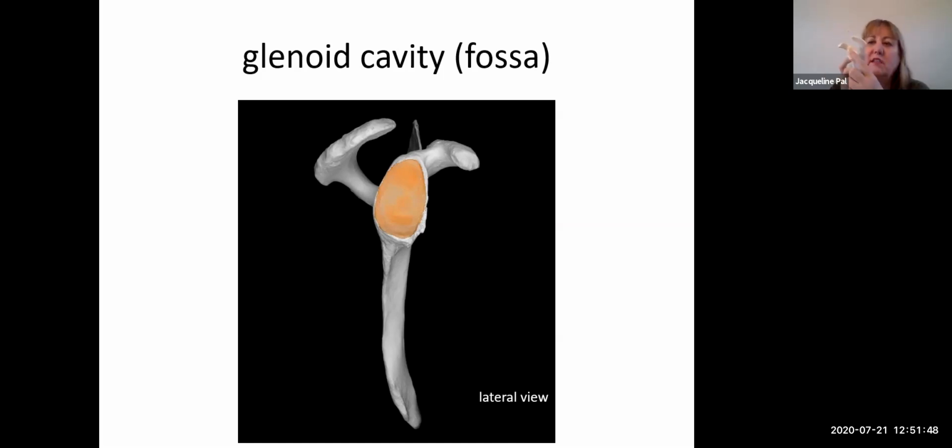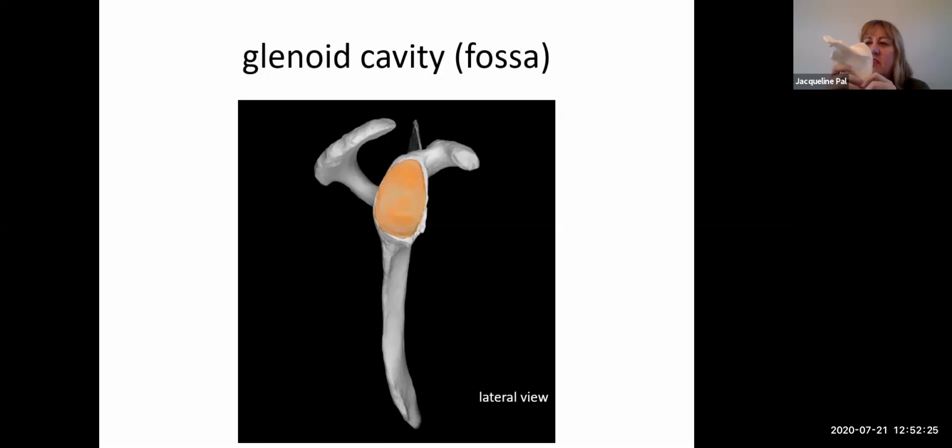So would you expect this part to be medial or to be lateral? Where does your arm do its articulating? Yes. So the arm articulates laterally. I was looking to see if I had a humerus, and I don't have one. The arm articulates laterally.